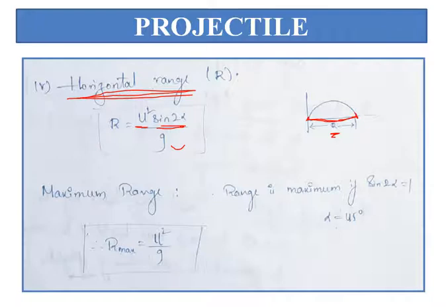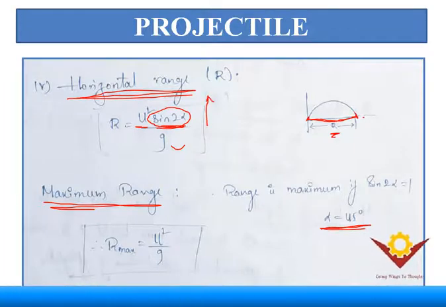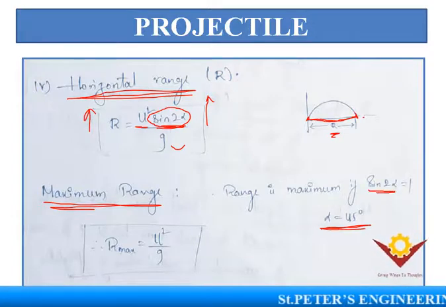And to get the maximum range, that means to reach the maximum distance, we require one condition: alpha should be 45 degrees. In this total formula, if sine 2 alpha is maximum, your range is also maximum. So sine 2 alpha is maximum, which is 1.